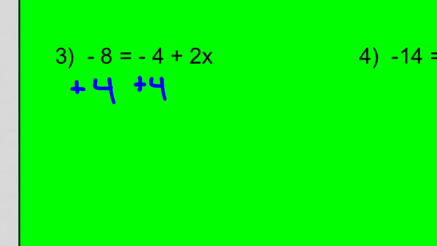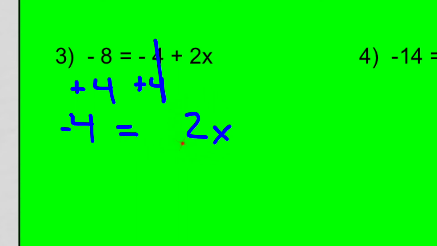Negative 8 and positive 4, you subtract, and you get 4 negatives. Equals. This turns into 0. Positive 2x. Now remember, when we're dealing with integers, positive 2x, we can leave that plus sign there, or it can just go away. So this is negative 4 equals positive 2x.